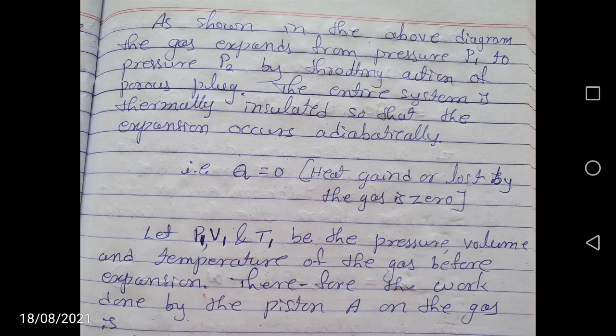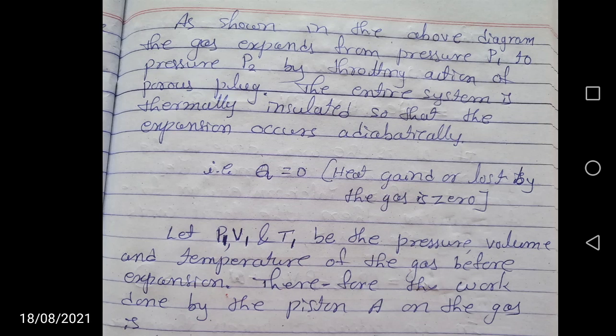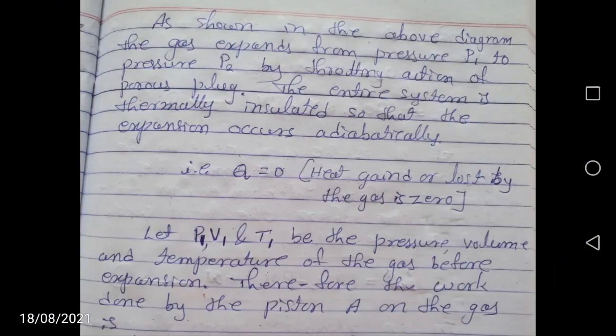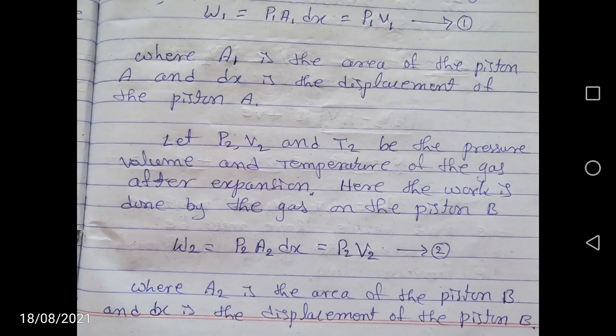Therefore, the work done by the piston A on the gas, you can observe in the diagram here. A is the piston on the high pressure region. The work done by this piston A on the gas is given by W1 equal to P1 A1 dx equal to P1 V1.